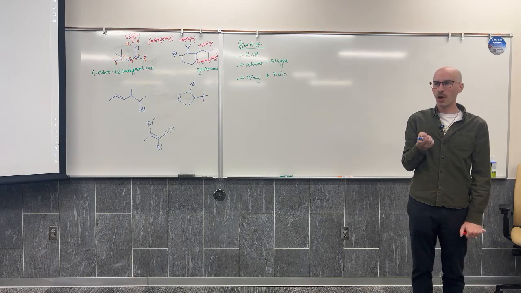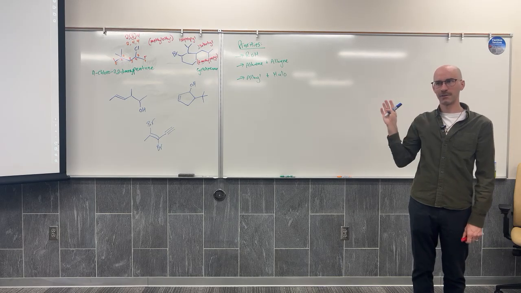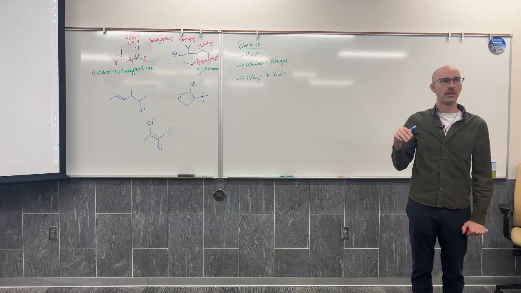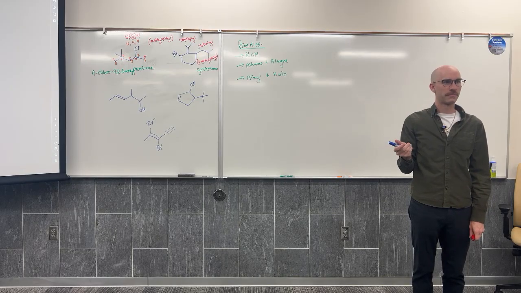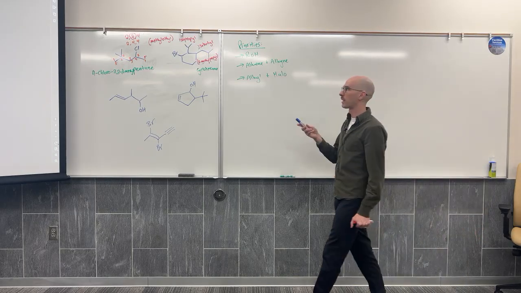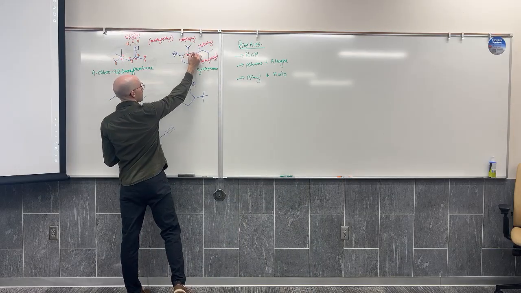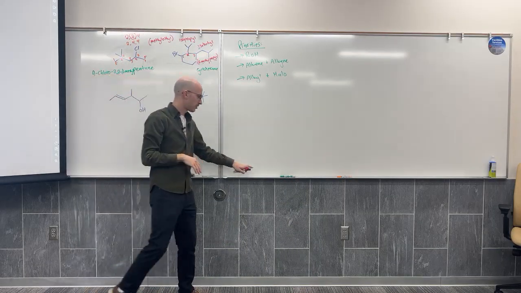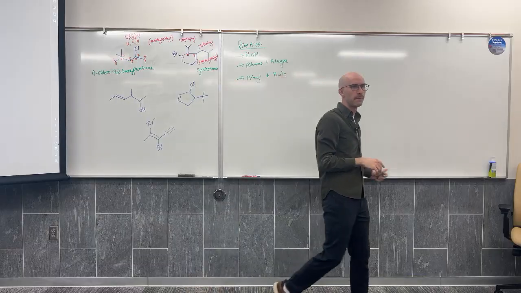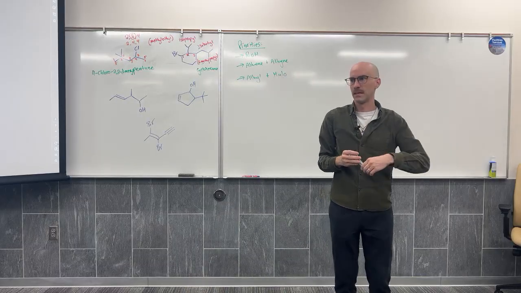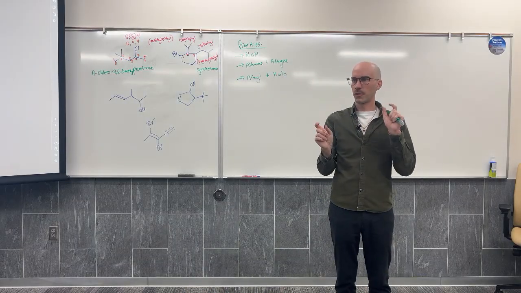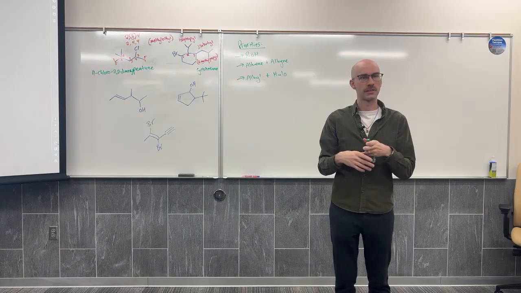But that tells me that bromine comes first alphabetically. Out of these 3 substituents, bromine is the first alphabetically. So I'm going to number this from left to right. What comes next? Isobutyl or isopropyl? Yeah, B comes before P, given that iso is the same.